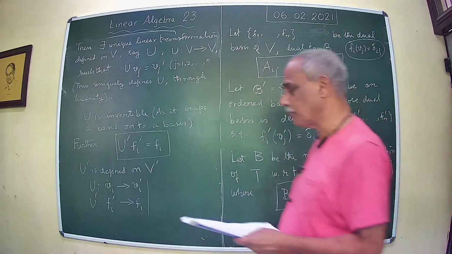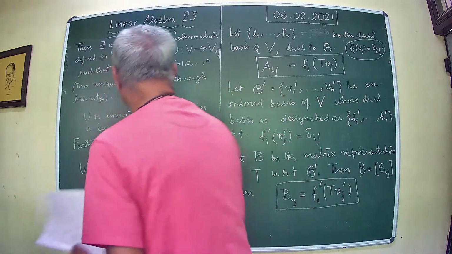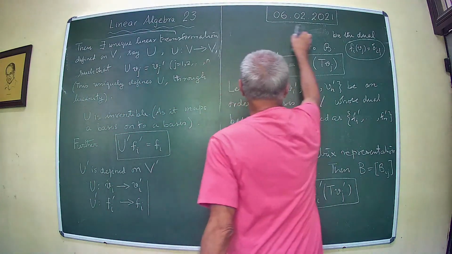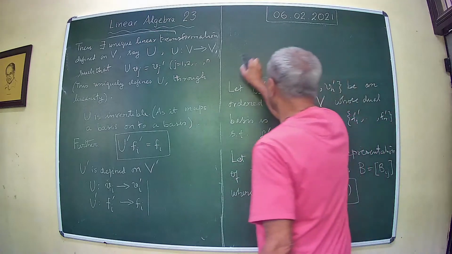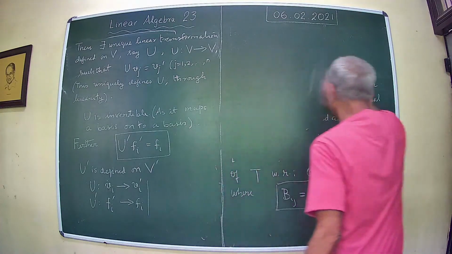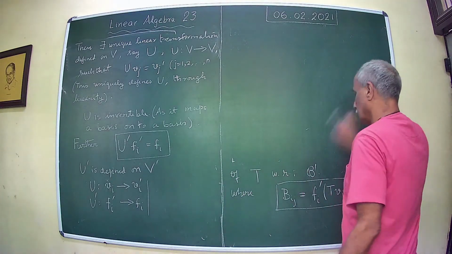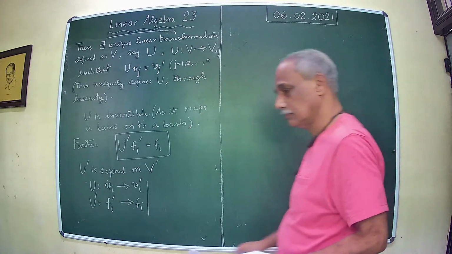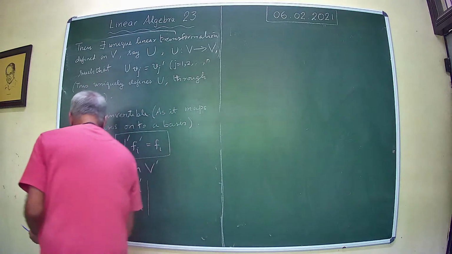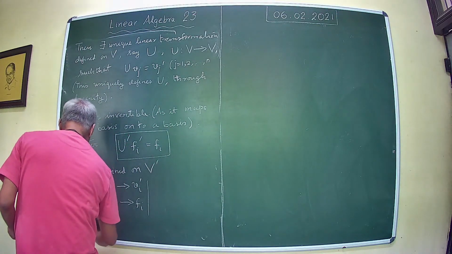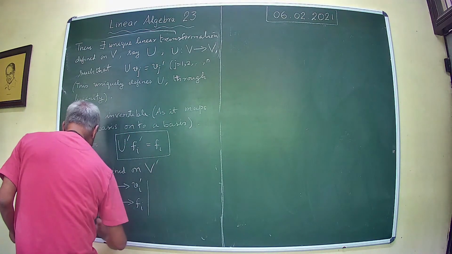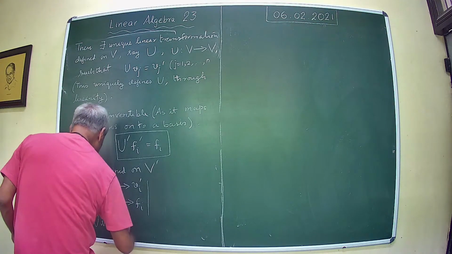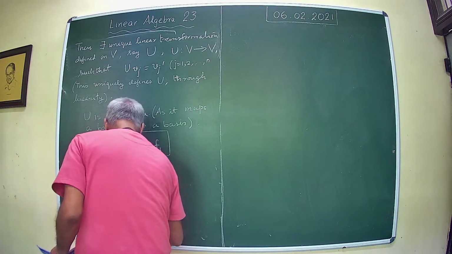Okay. Therefore, you know that U is invertible. U is invertible means U prime is also invertible. Both U and U prime are invertible.